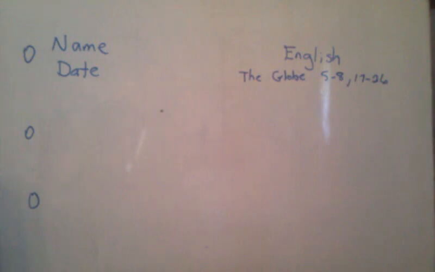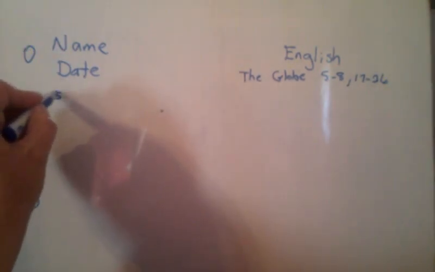Alright, I think I'll stop with that. Let me go ahead and do one with you so you know exactly what I want on your paper. Okay, let's look at number 5. So you would put 5. I want you to write these.